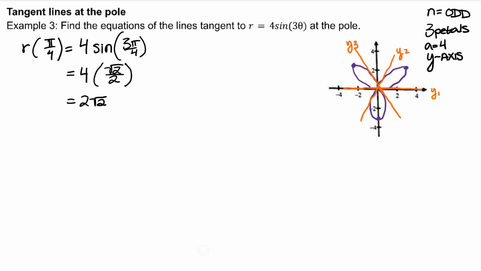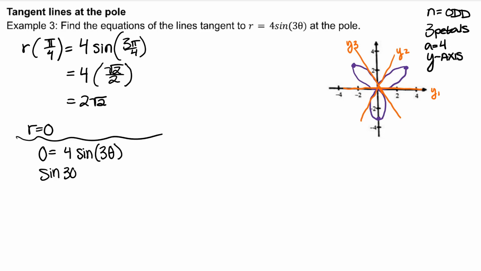To find theta at the origin, make r equal to 0. Sine of what angle would give me the value of 0? That would be sine of 0 or sine of pi.